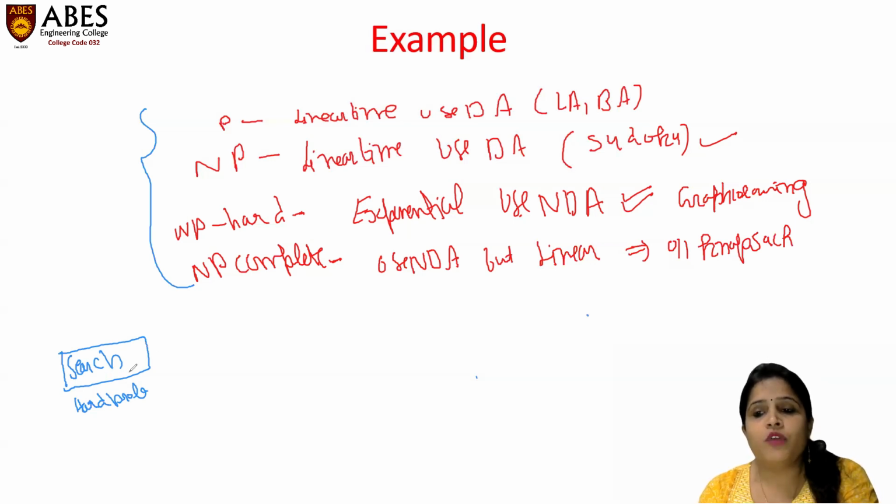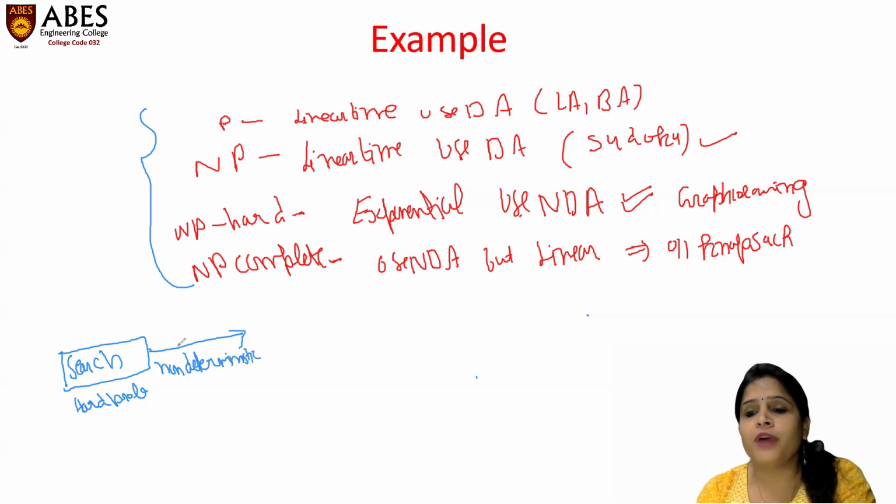Now what happens? The researcher will try to find a solution to that particular problem. First, the researcher will write a non-deterministic algorithm to find a solution.